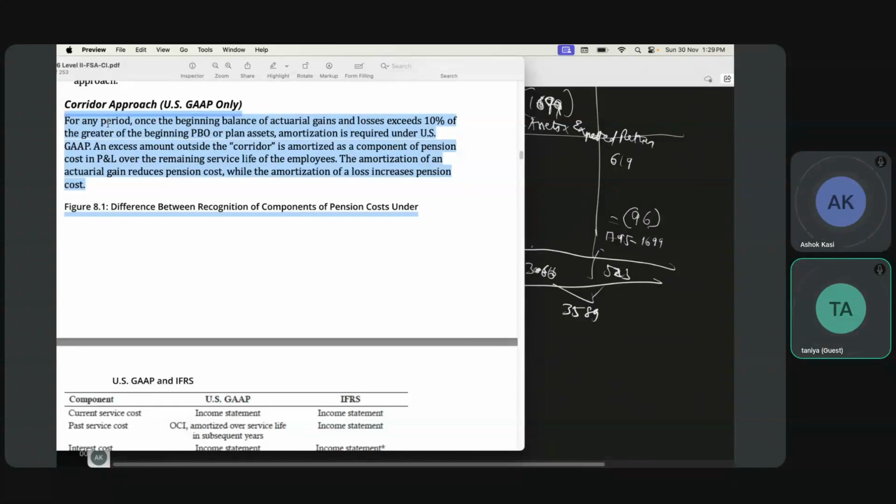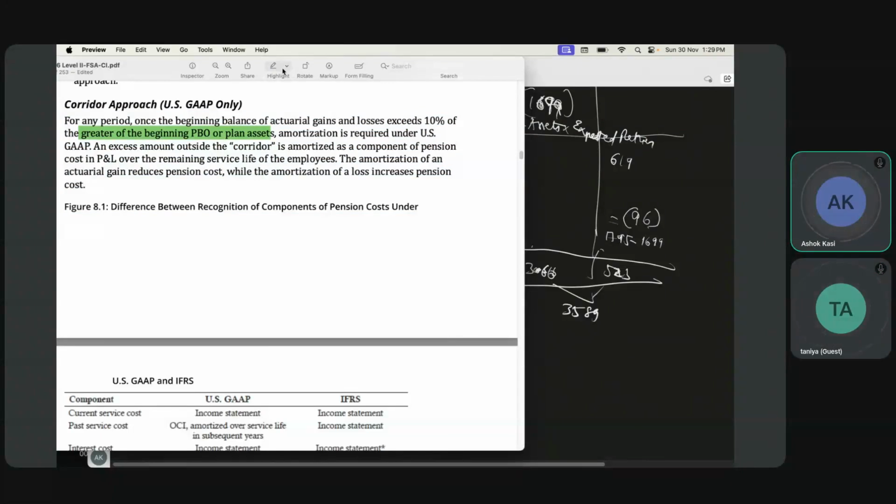See, for any period, once the beginning balance of actuarial gains and losses exceeds 10 percent of the greater of the PBO or plan assets. So first let's focus on the greater of the PBO or plan assets.